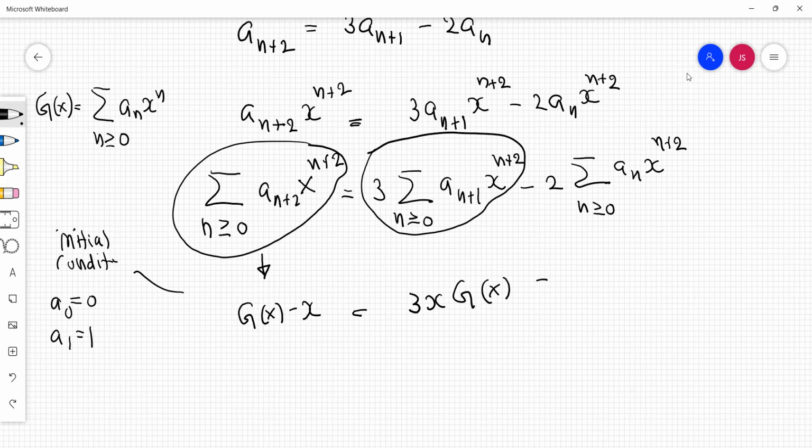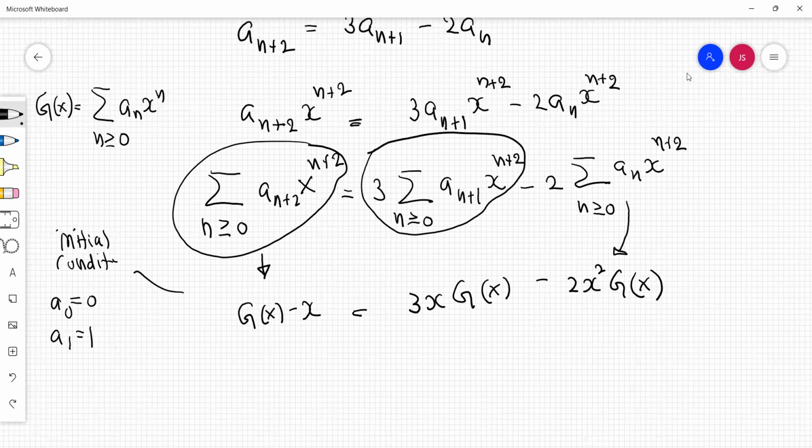Some other one, please tell me what is that? Two x squared G(x). Yes, it is 2x squared G(x).